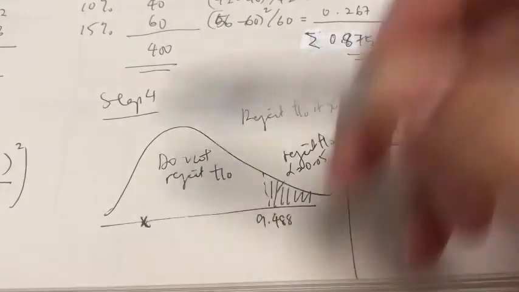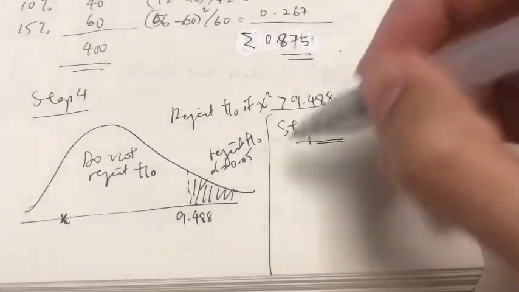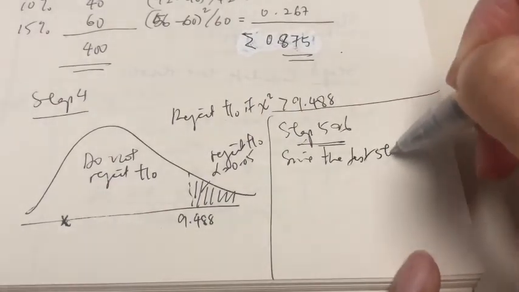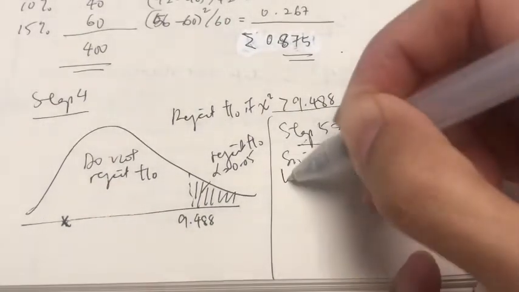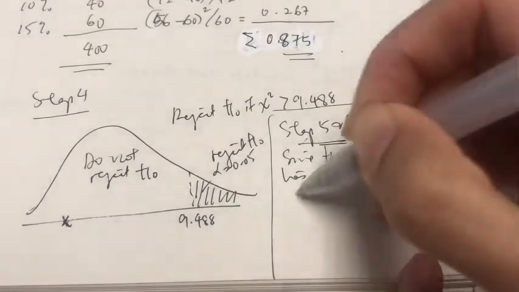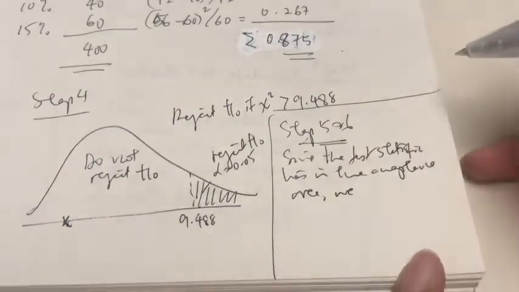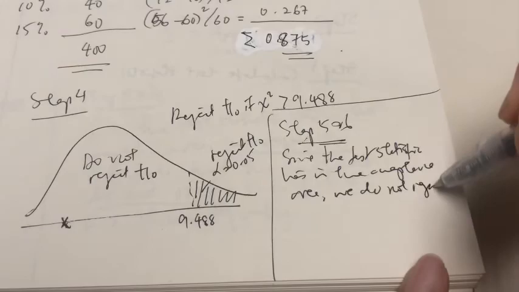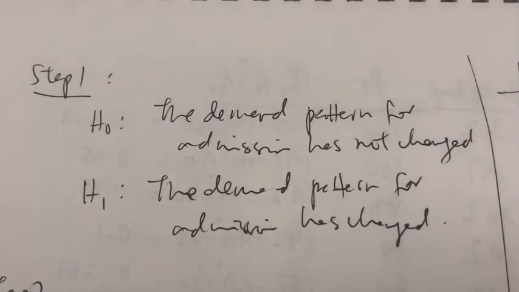So what do we say? Since the test statistic lies in the acceptance area, we do not reject the null hypothesis. We look back at step 1, where we wrote our hypothesis. We've decided to not reject, so we take the null hypothesis.